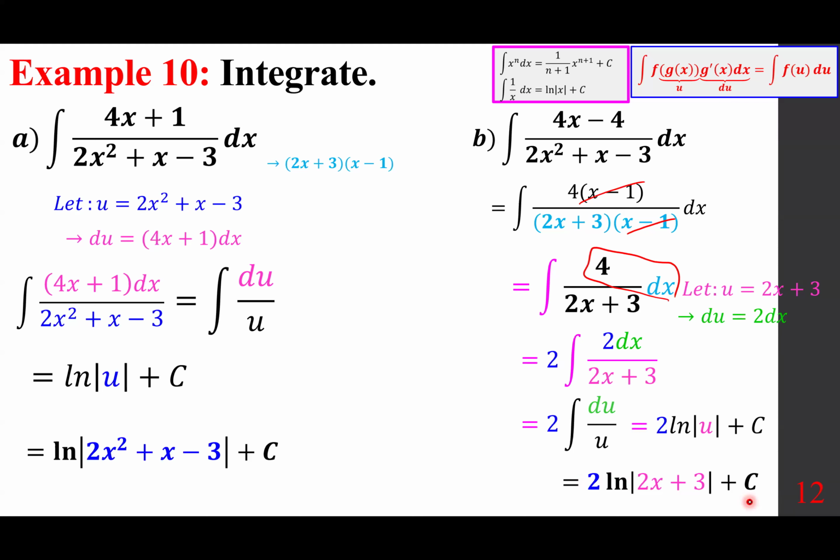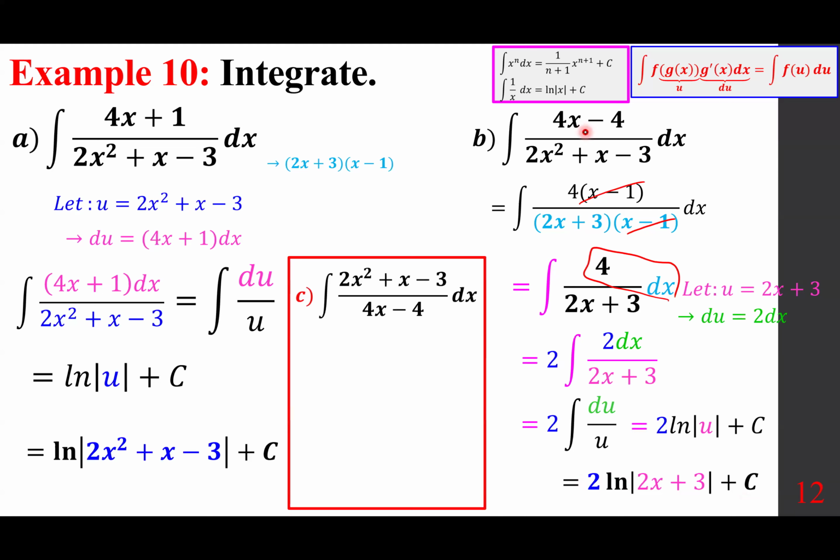Now, what I want to look at is the reciprocal of this guy, which becomes the reciprocal of this guy. And the reason I want to do that is because I want you to see that in this case, we did need simplification and then the substitution.